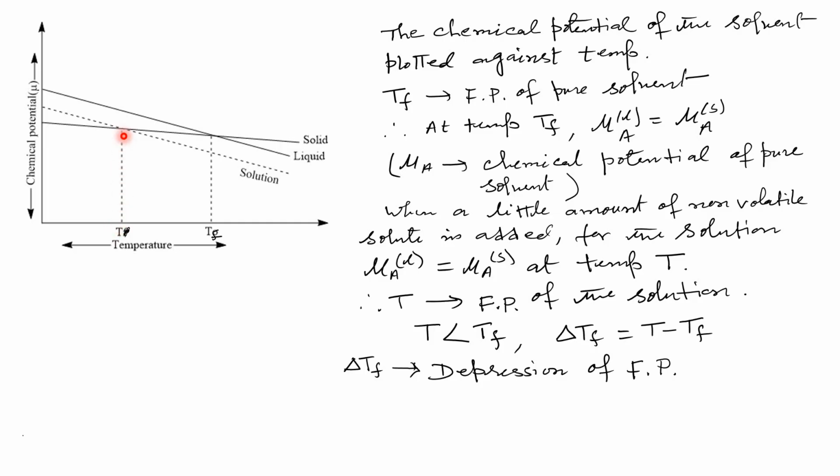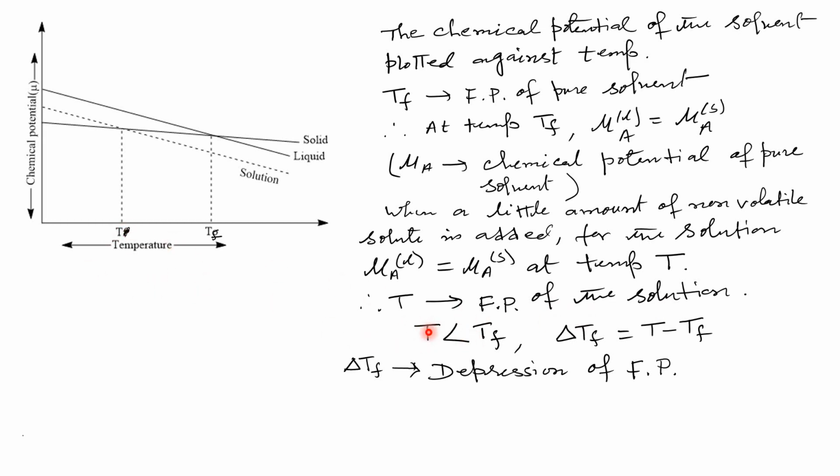So at this temperature T, which is less than TF, the chemical potentials of the liquid phase and solid phase become equal, and therefore T is the freezing point of the solution. And see, T is less than TF.